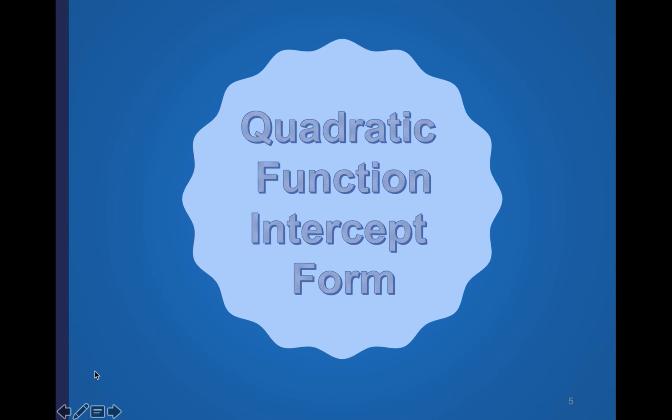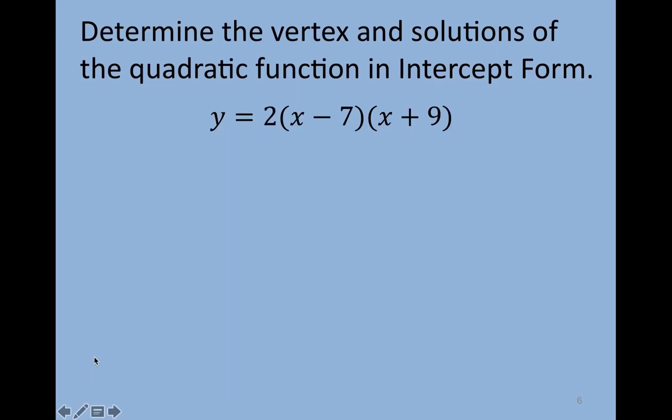Quadratic function in intercept form. Okay, intercept form of the equation is y is equal to a times x minus p times x minus q. p in this case is 7, q is equal to negative 9.